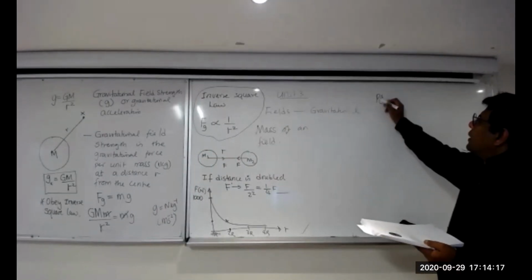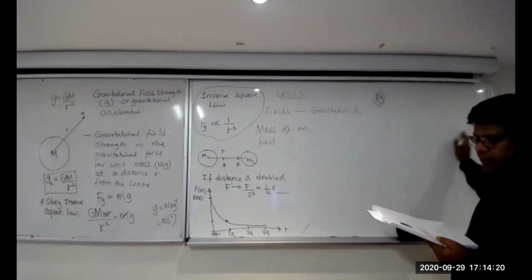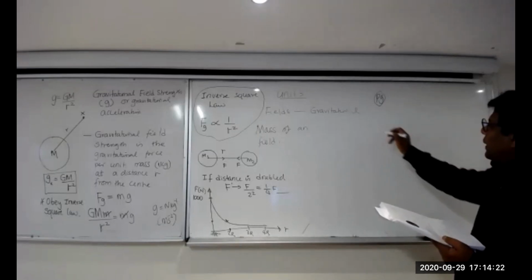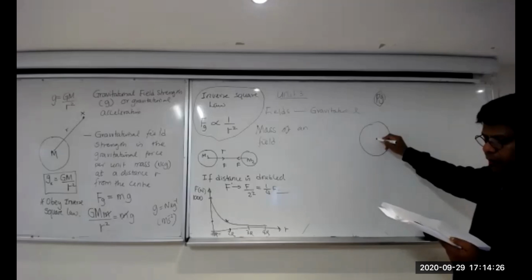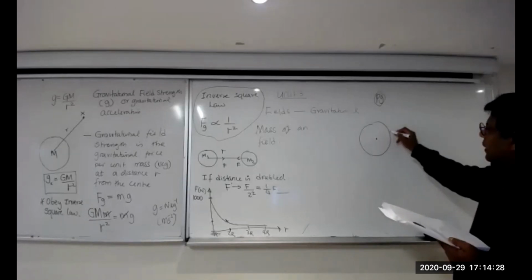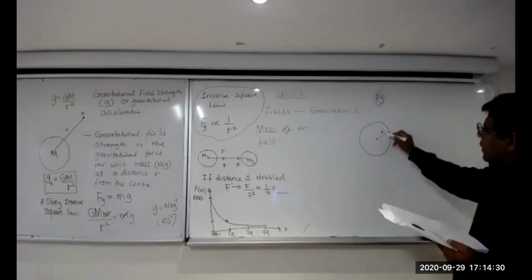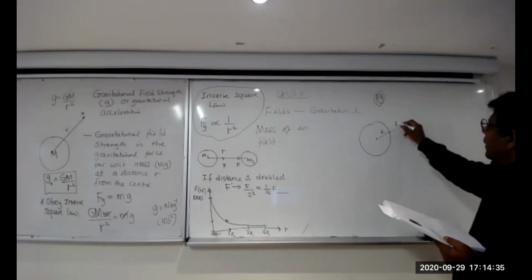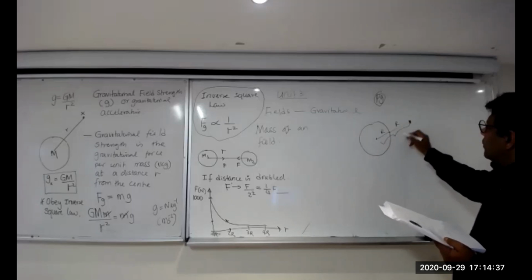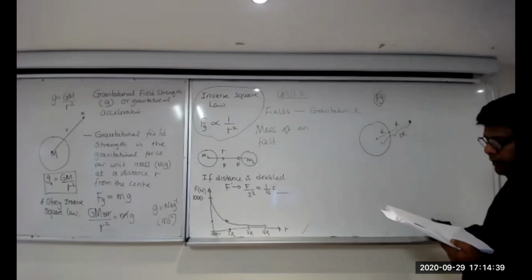If we just quickly look at that question on page 3, a 5 kilogram object is placed 2r from the Earth's center. That's r, and 2r means another r, from Earth's center.